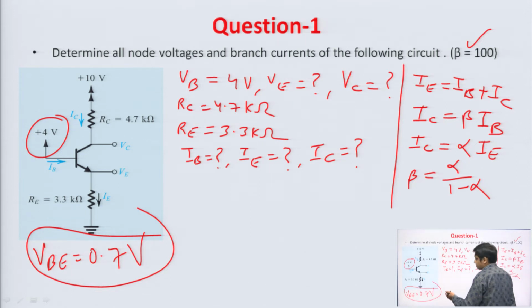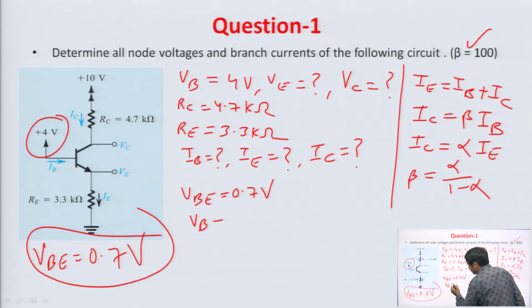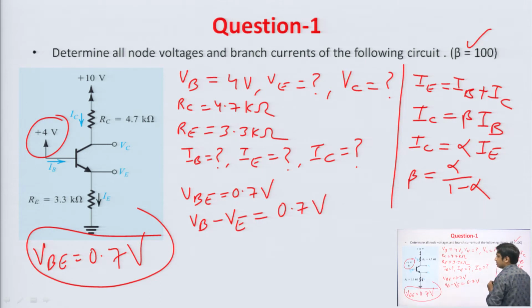Now, one problem is solved here, base to emitter voltage VBE is 0.7 volt and VBE can be written as base voltage minus emitter voltage, that is 0.7 volt. Now, the base voltage is given, that is 4 volt. Now, from here what will be the emitter voltage?